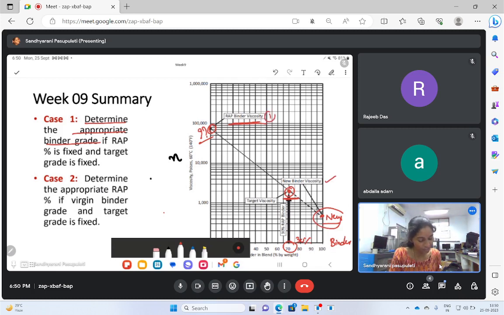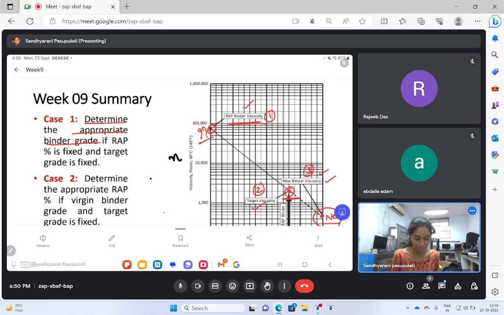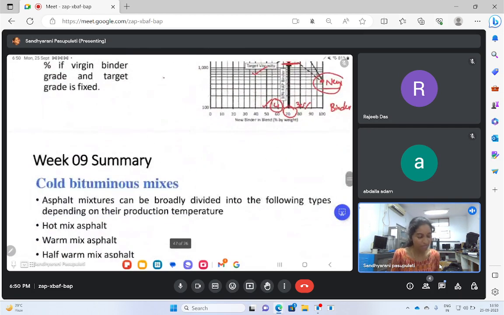So there are only three possibilities, 1, 2, 3. And this is 4, wrap percentage. They can give wrap binder viscosity, wrap percentage, target viscosity. They may ask new binder viscosity. Out of four options, they might give the remaining 3 and will ask us to calculate the other. So when we solve a problem in the upcoming slides, we will clearly understand this.